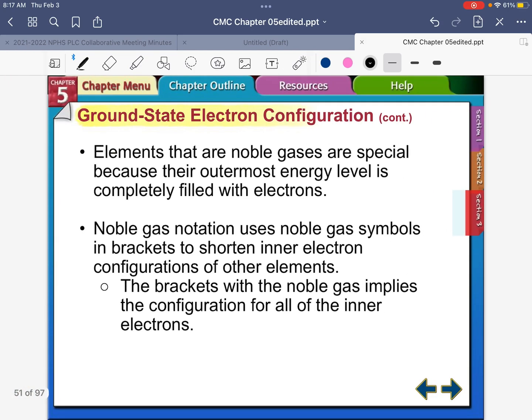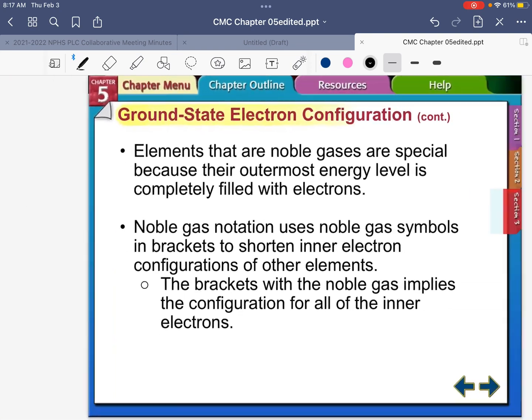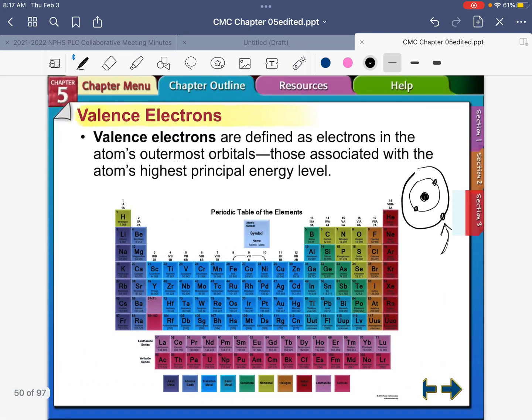So elements that are noble gases are special because those outermost energy levels are completely filled. Again, if I went back and talked about lithium, the reason why lithium is very reactive is because it could still fill this outer ring here with 7 more electrons.